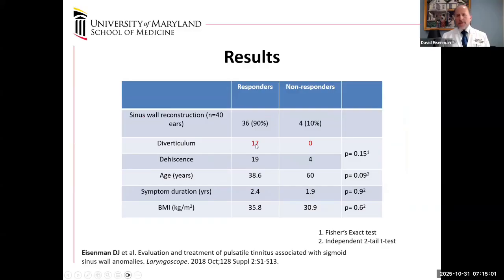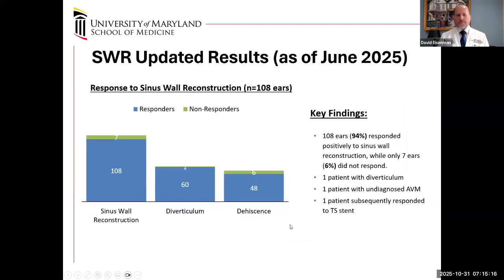All of the patients who had a diverticulum, the surgery was successful. Patients with dehiscence, there were 4 patients who were not successful. There was no difference in age, symptom duration, or BMI between the responders and the non-responders.